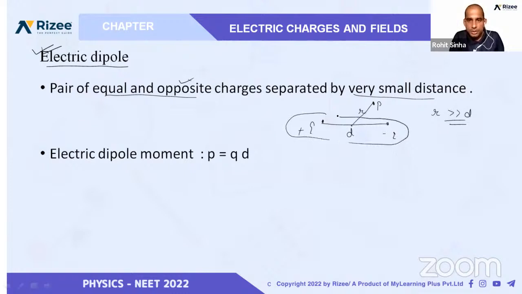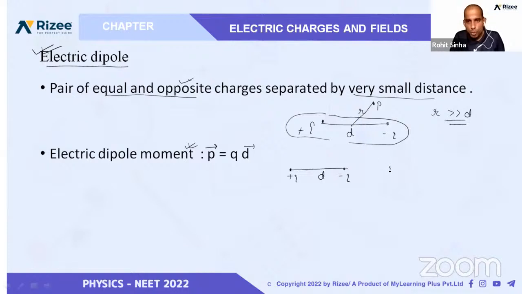By definition, we name the electric dipole moment. It is a vector quantity. Let us suppose this is plus q and this is minus q, an electric dipole, and the distance is d.